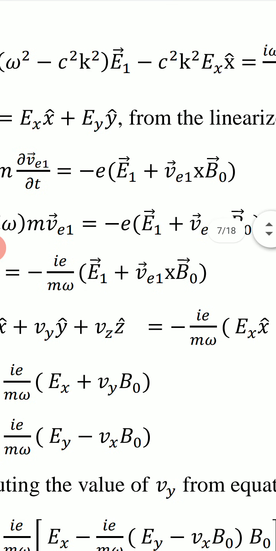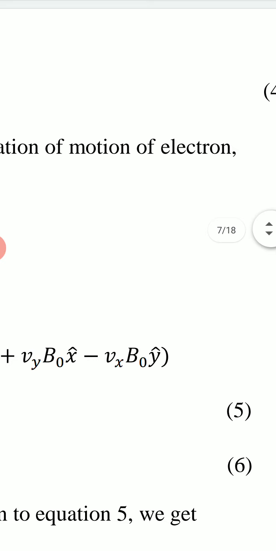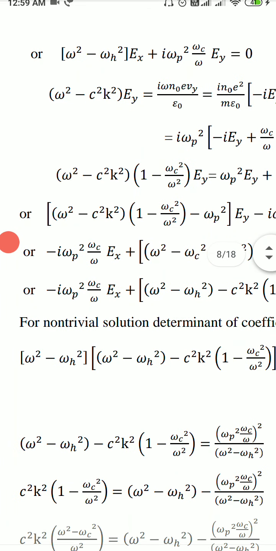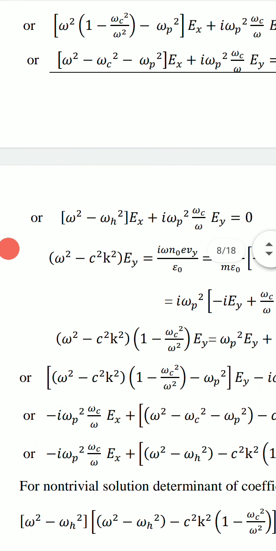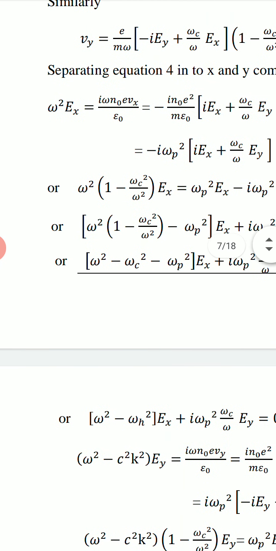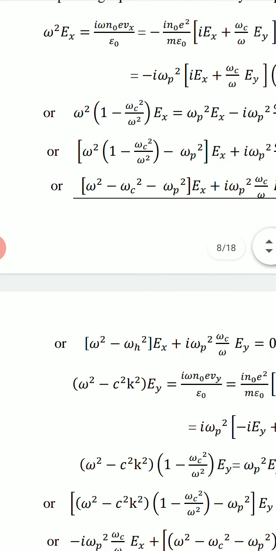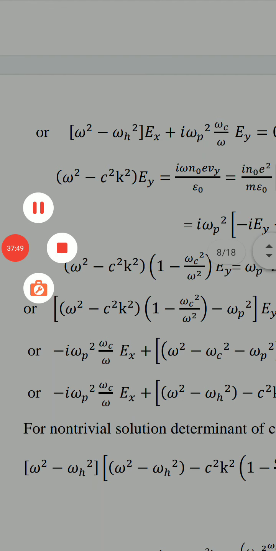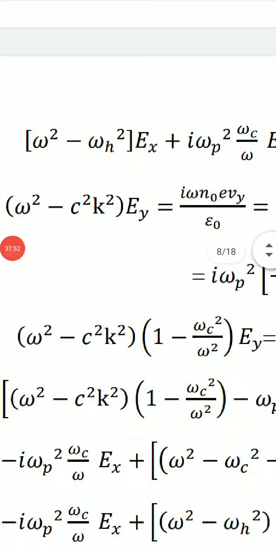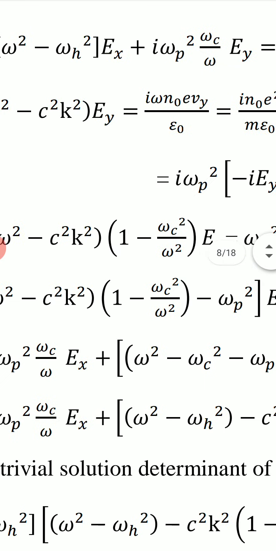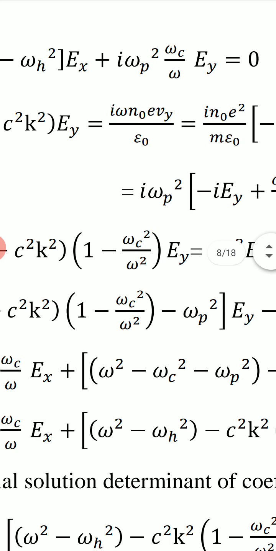So take the y component of this relation, equation 4, and from that we can find this equation. This is the equation we obtained from the y component of equation 4: omega square minus c square k square into Ey equal to i omega n0 e Vy upon epsilon 0.